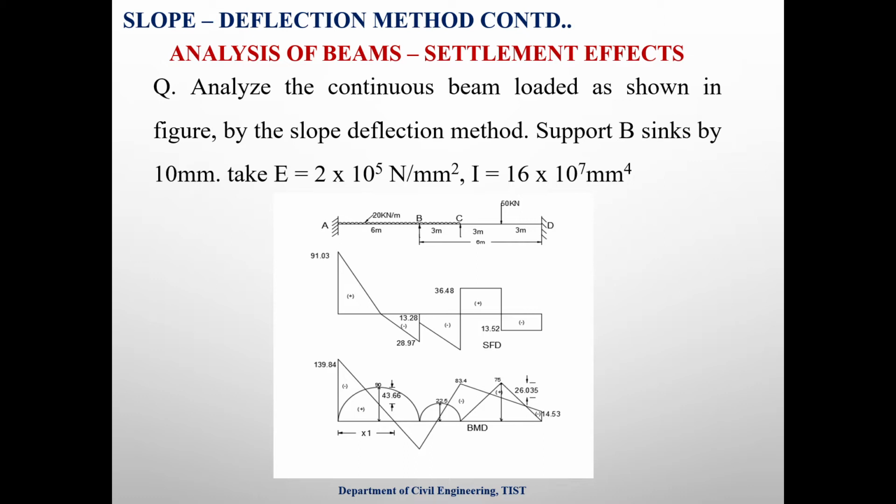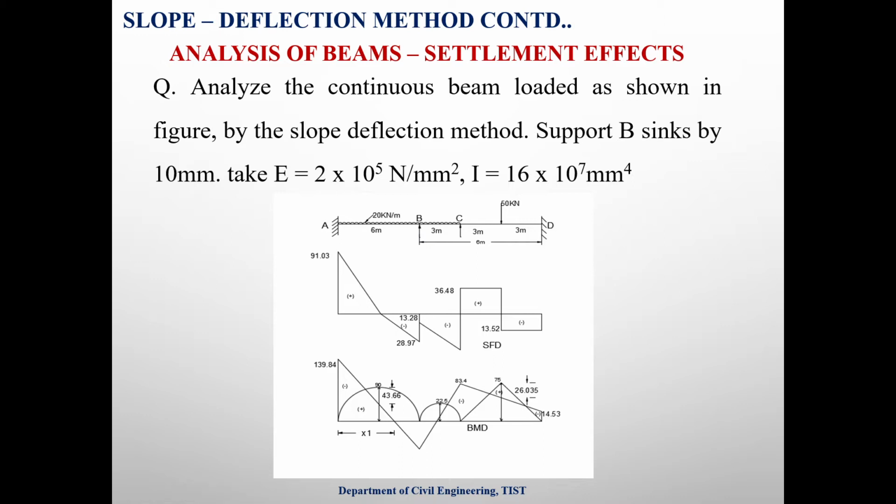As I said in the previous lecture, the first step is step 1, fixed end moments. For the span AB, it is subjected to UDL, that means M bar AB is minus WL square by 12 and M bar BA is plus WL square by 12.